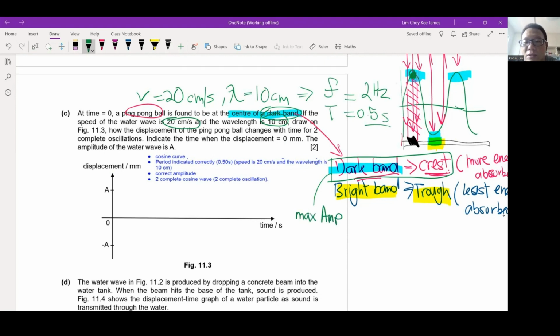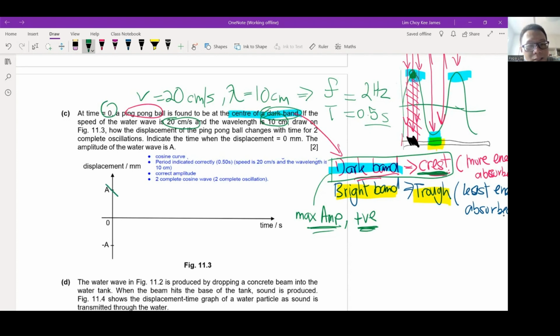And because it's at the crest, this amplitude is a positive value. Remember for a transverse wave, we take upwards as positive and downwards as negative. So when the ping pong ball is at the crest, it has a maximum amplitude and it's always a positive value. So you will know that at time 0, when the ping pong ball is at the center of the dark band, it is at the crest.